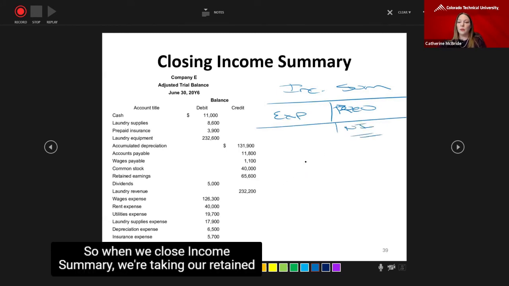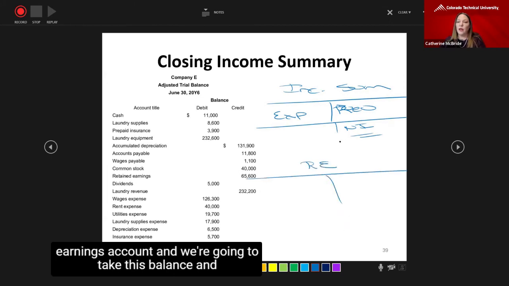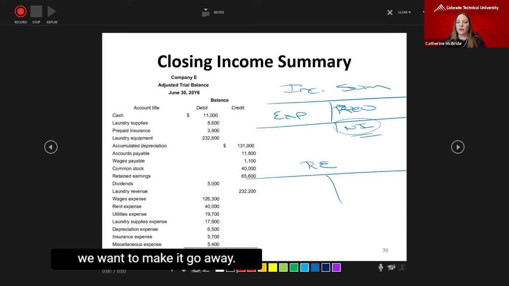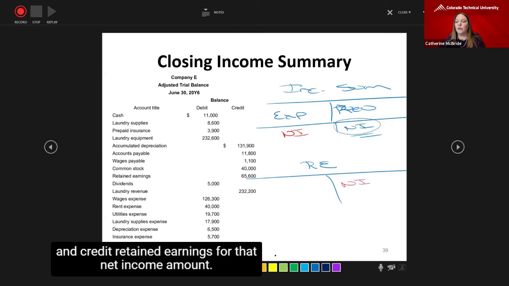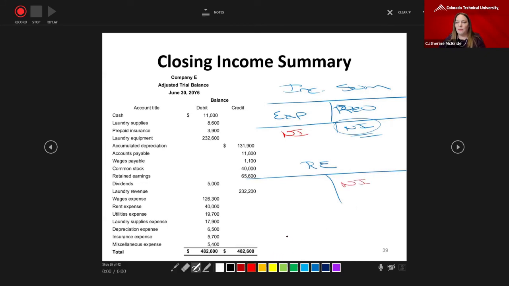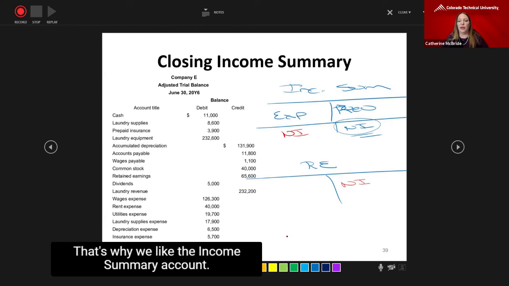So when we close income summary, we're taking our retained earnings account and we want to make this balance go away. We want to make it 0. So we're going to have to debit our income summary account and credit retained earnings for that net income amount. That's why we like the income summary account.